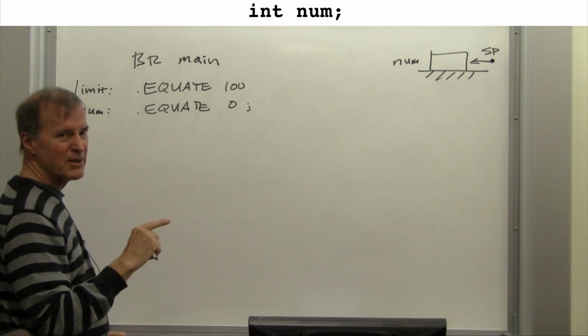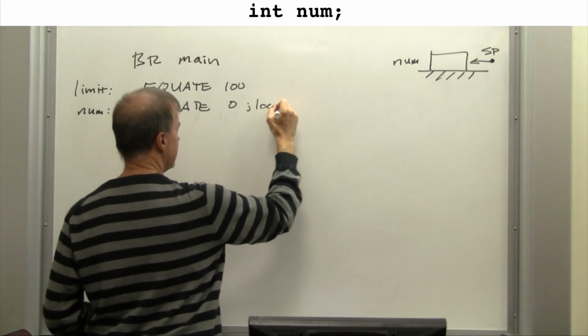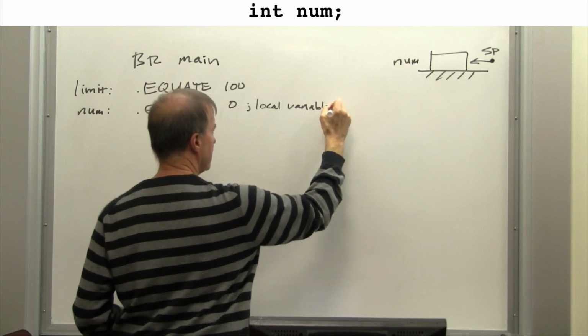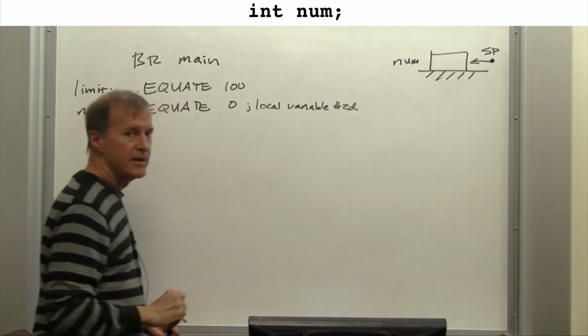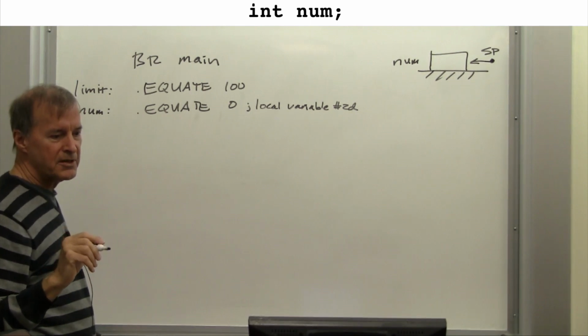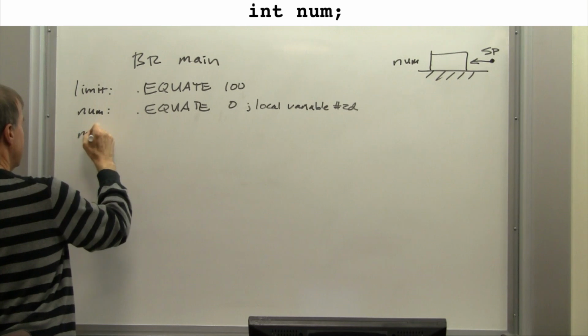We always like to put what it is. It's a local variable, pound 2D. Okay, so next, now where are we? Main, good.